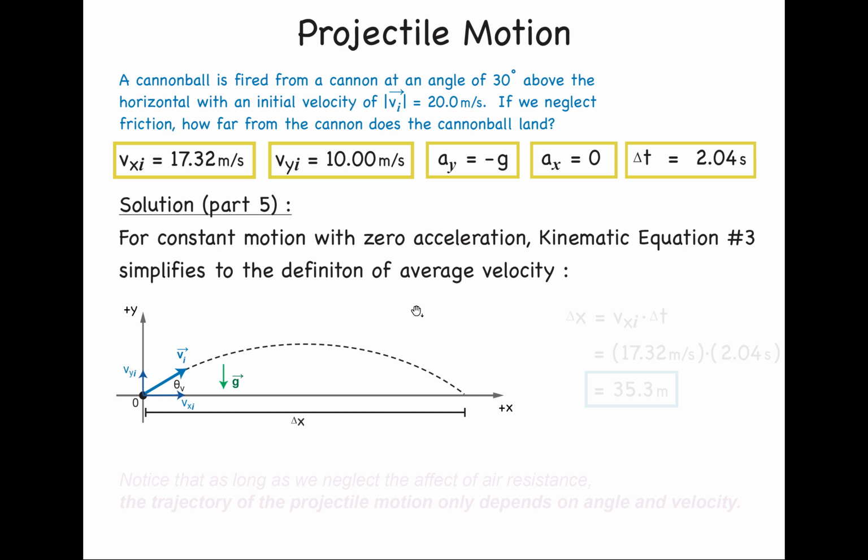For constant velocity motion, we just use kinematic equation number 3 and simplify it to delta x is equal to v delta t. Right? This is really just a definition of velocity, which gives us 17.32, because we worked out at the very first step the x component of that initial velocity. And we now know the time, and that gives us a final answer of 35.3 meters of horizontal travel before it hits the ground.